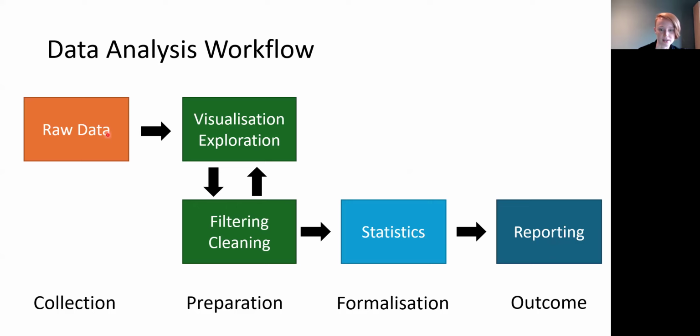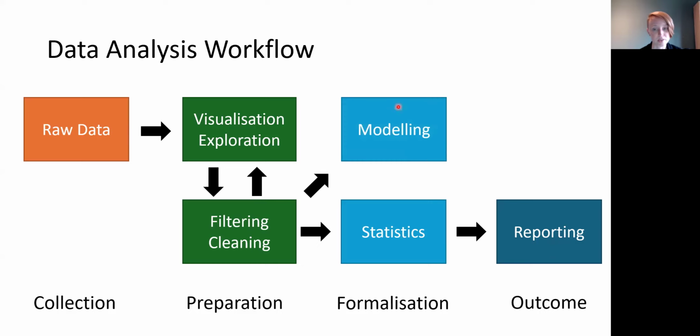With machine learning, rather than doing statistics as a formalization, we instead build a model. And the model can then have two outcomes. We can use the model for reporting, just to show that if we can build a model from something, then clearly there's some sort of information within our predictors that is useful.